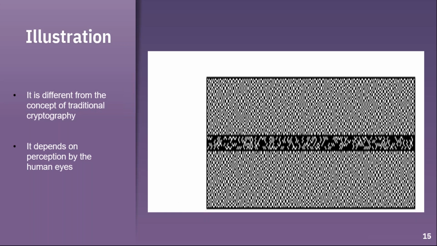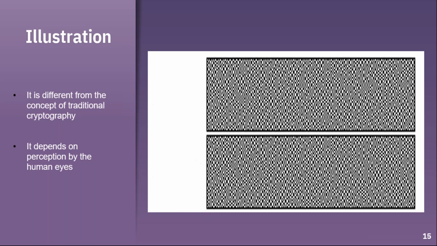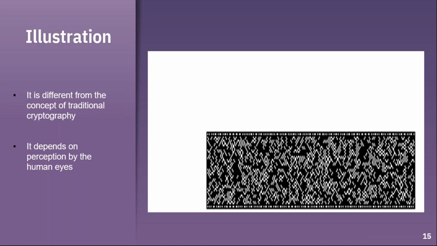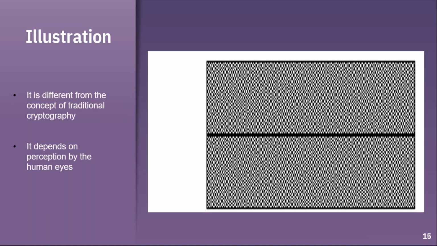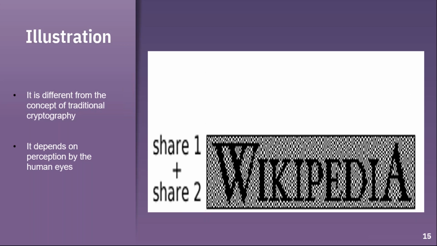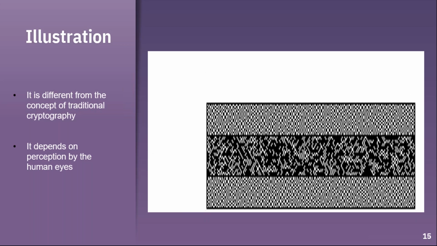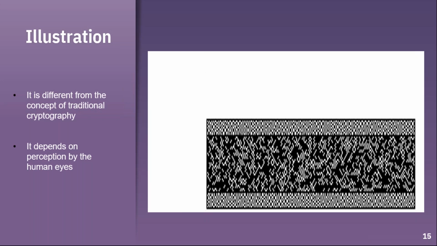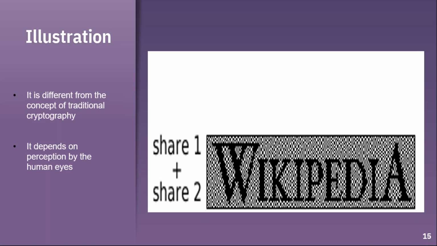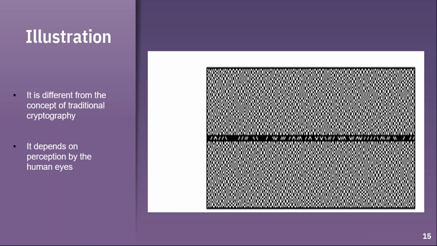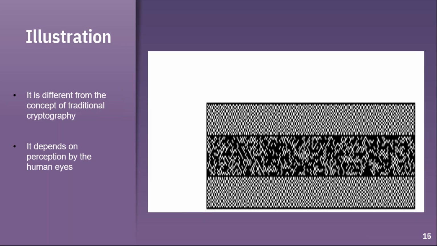It has applications in cloud computations and so on, in which we need to share a secret among different users, and it can be retrieved back only when all of the users come together and overlap their shared images with each other. Here, I've just shown an example of two shares. It can be possible with any number of participants.